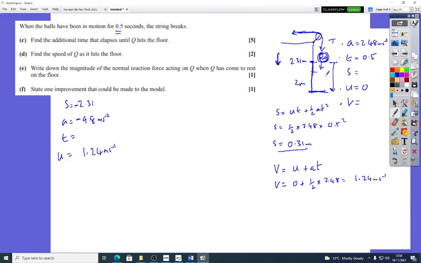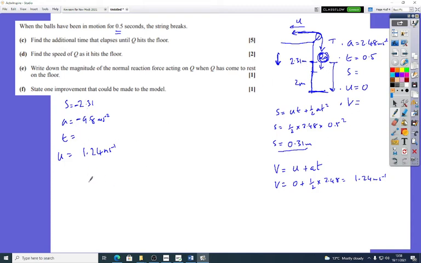And this is going in the opposite direction, which we're going to call positive. If you don't like that, you could call these two positive and then call the initial velocity negative because it's going in a different direction. It's six and two threes, but make sure you're consistent with how you put these motions. So the initial speed is going that way, and these are going in the opposite direction to that, so these are both going to be negative.